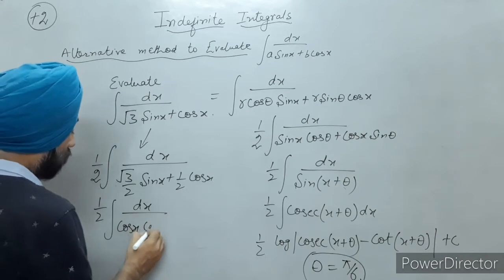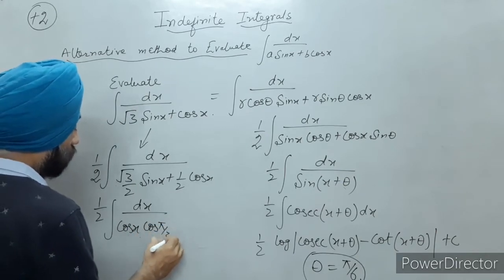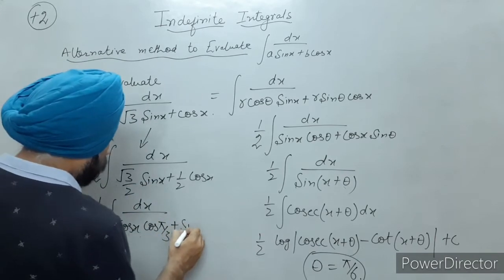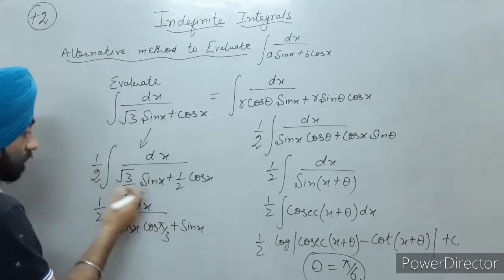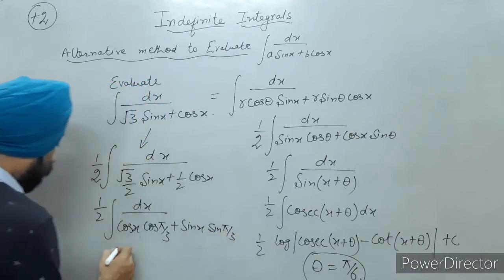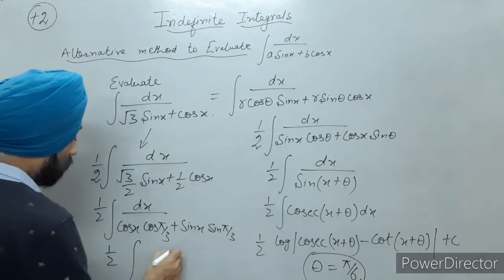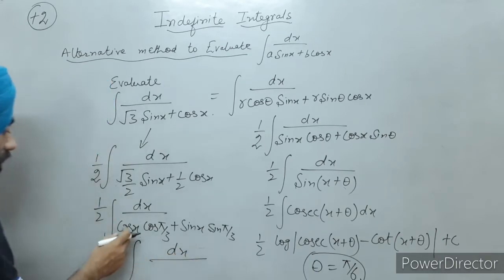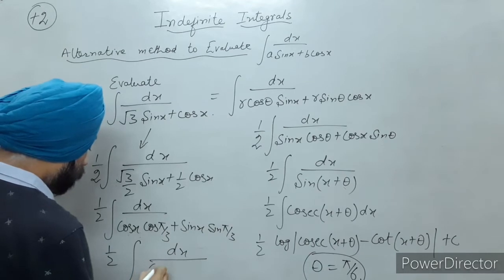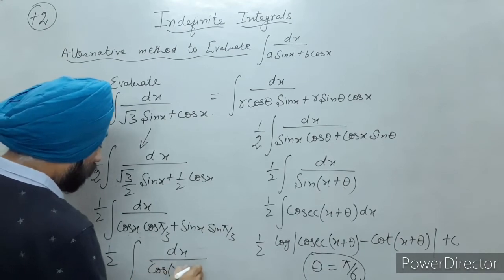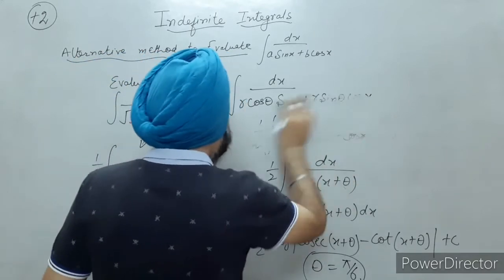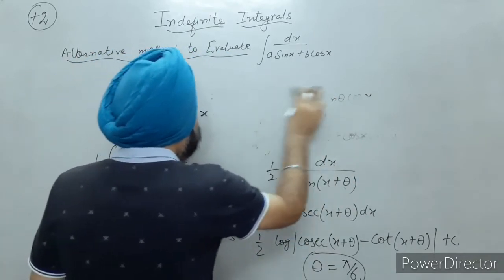In place of this I can write cos pi by 3, plus I can write sin x, this is sine of 60 degrees. Now half dx upon cos a cos b plus sin a sin b, this is cos of a minus b. Now what is the reciprocal of cos? It is secant.